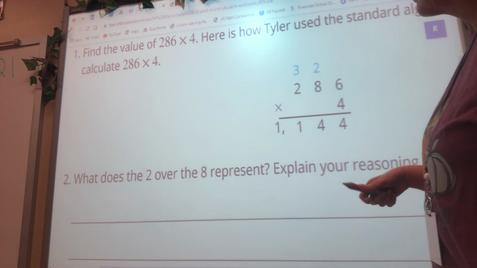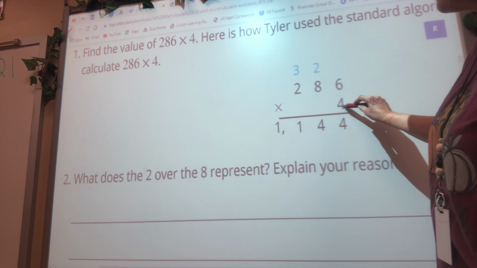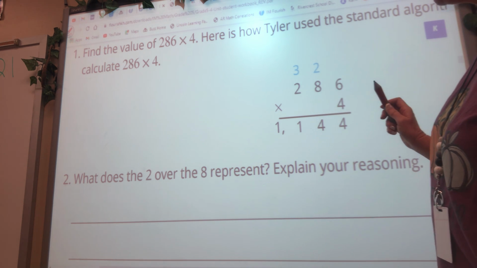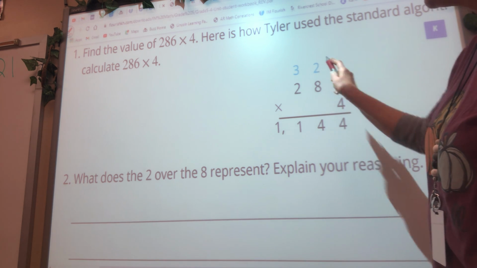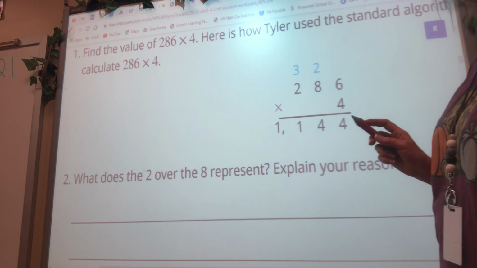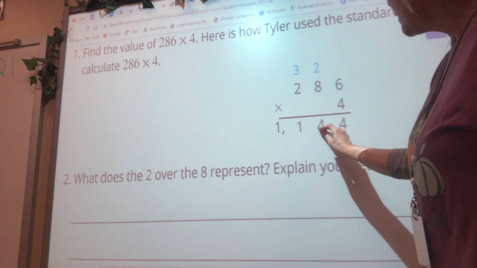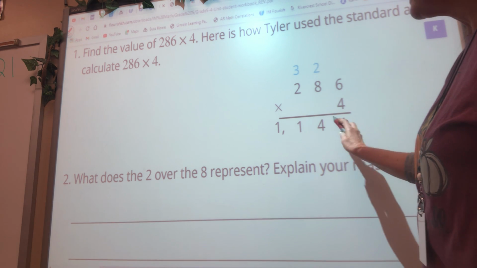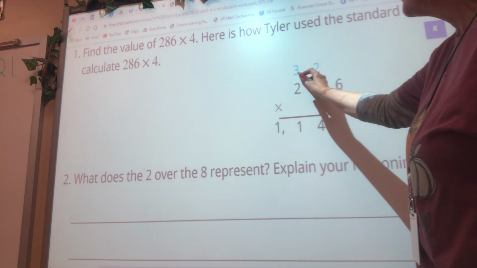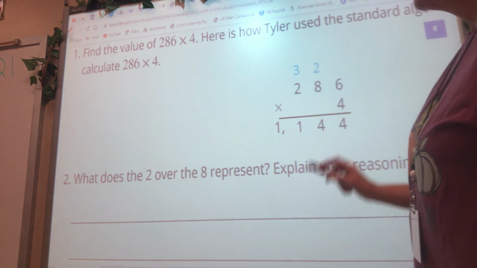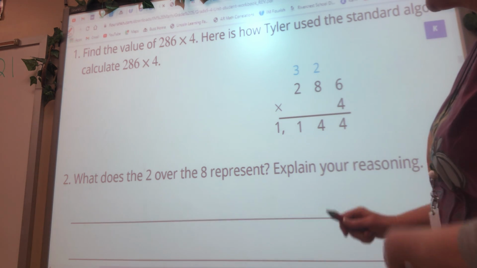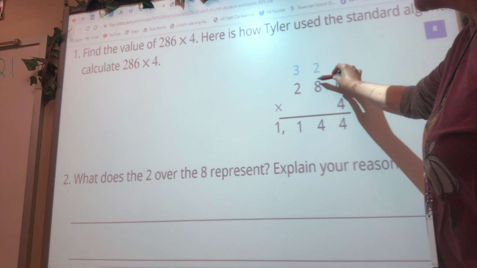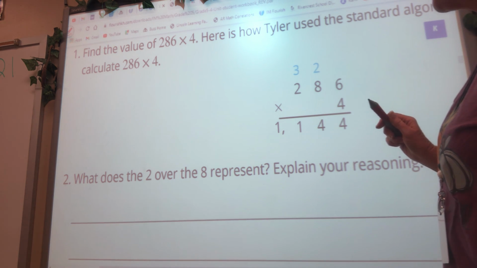so I can tell that it's been carried over. So then he does 4 times 8 is 32, plus the 2 that he carried gives him 34. So he puts the 4 in the tens place, and then carries the 3. So now he has 34. That's the 34 that he got when he multiplied and added his carryover.